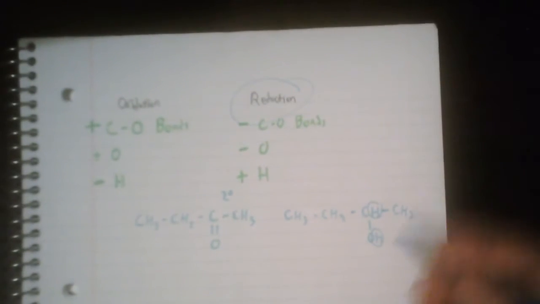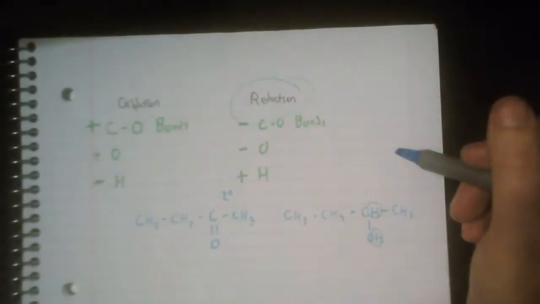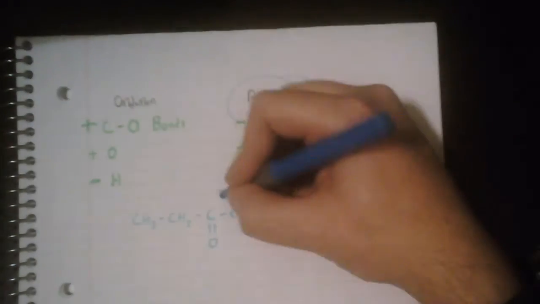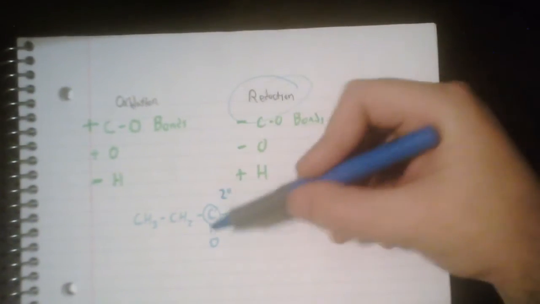If we did the opposite, going from this to this, that's an oxidation. If it's off of a second degree carbon, that's a carbon that's attached to two other carbons, it's going to form a ketone.